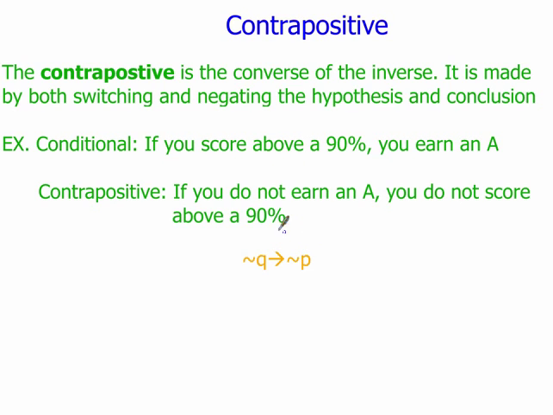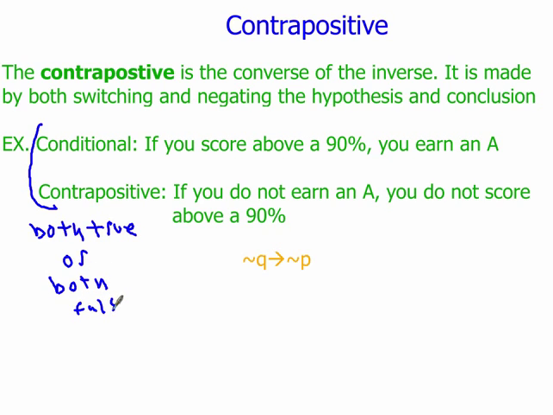So you both flip them and negate them. So this is, if not Q, then not P. And one thing that is important about this is the conditional and the contrapositive are either both true or both false.